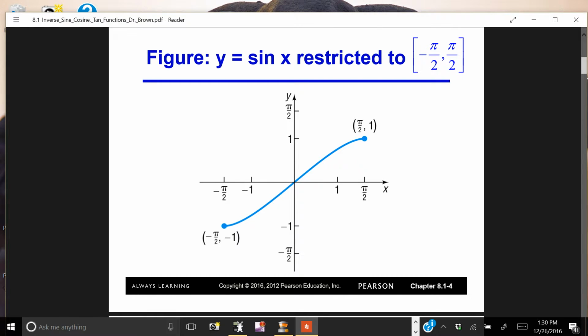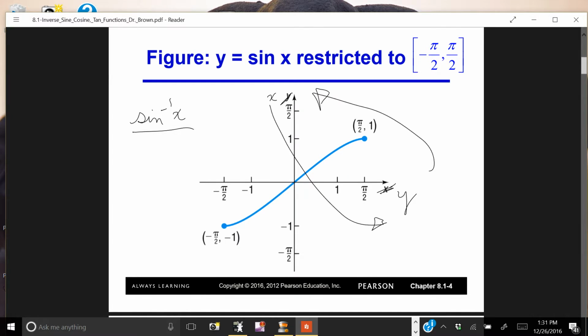So we're going to be looking for what we call the inverse function of sine x. Now, you probably recall that in order to graph the inverse function of a function, you can just take all the x and y values and exchange x and y, or you can replace y with x and x with y, and then reorient the graph so that y ends up here and x ends up here.